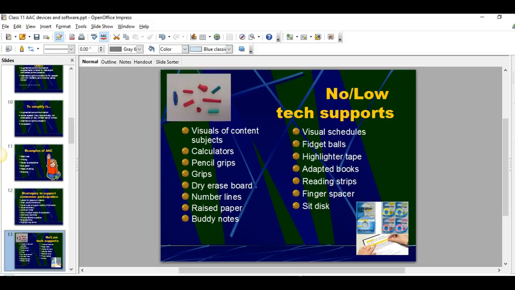There's many no tech supports that people and teachers can use that cost you no money, and anyone can have those available.